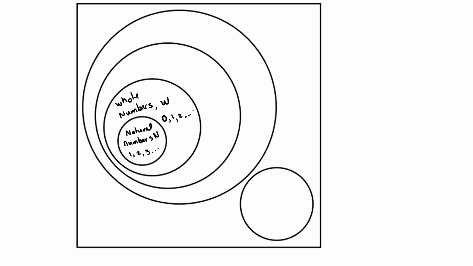Come and talk to me about that later. So we have all of the elements in the natural numbers contained in whole numbers. The only thing that's different is that the whole numbers have 0.